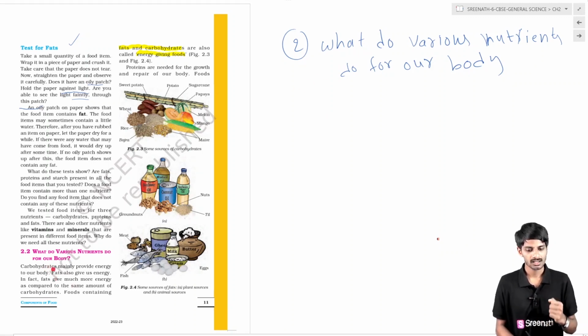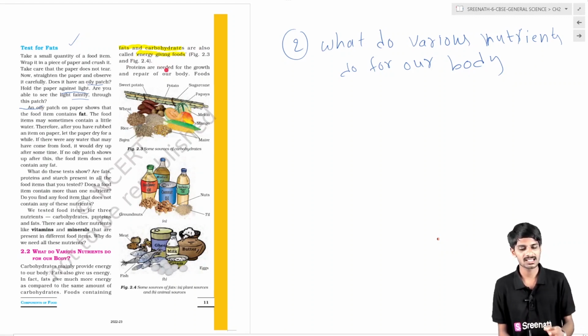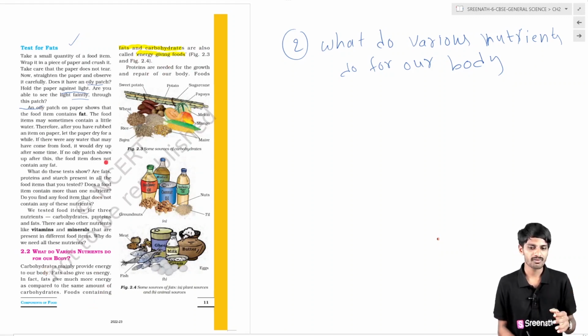Basically, carbohydrates mainly provide energy. Fats and carbohydrates are called energy giving foods. Why? They give more and more energy. In fact, fats give much more energy as compared to the same amount of carbohydrates.